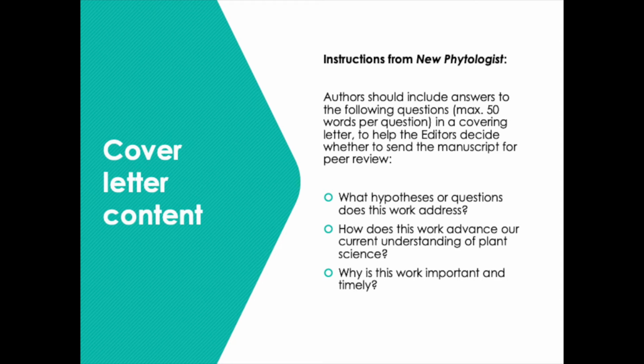How does this work advance our current understanding of plant science? Why is this work important and timely? So I think this is a really great template for a cover letter to any journal. If you're not doing plant science, let's say you are in microbiology, just switch out the words in the second bullet point from plant science to microbiology.